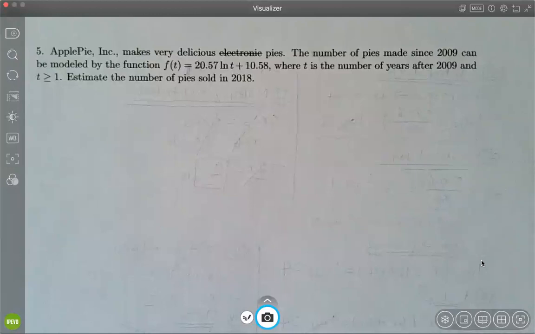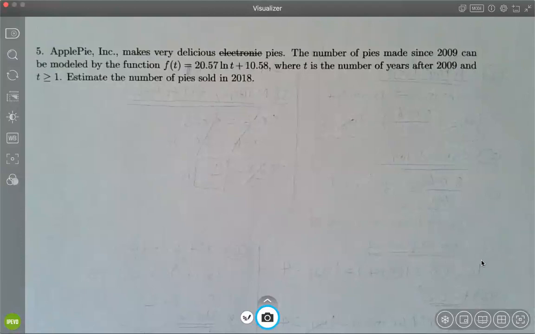You might be in trouble if you eat these pies. Anyways, the number of pies made since 2009 can be modeled by the function f of t equals 20.57 ln t plus 10.58, where t is the number of years since 2009. Estimate the number of pies sold in 2018.